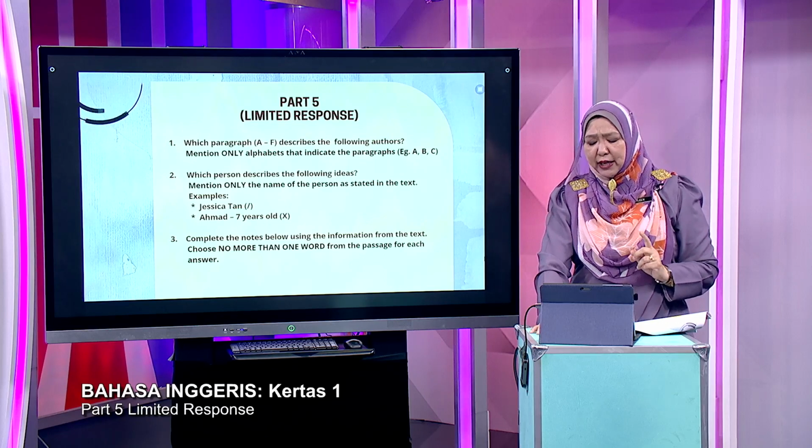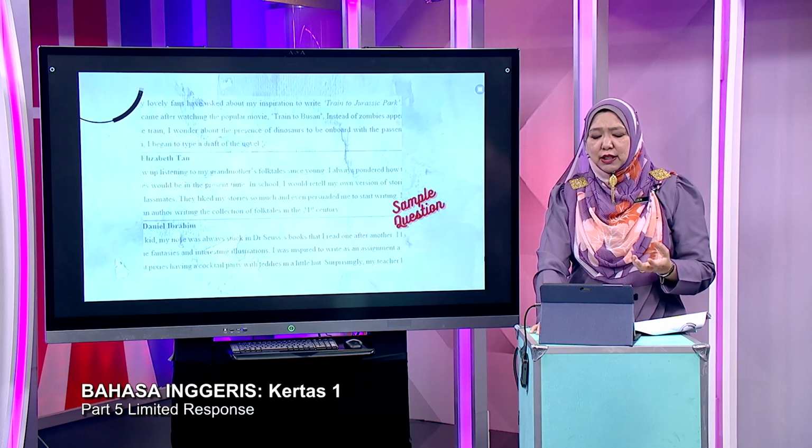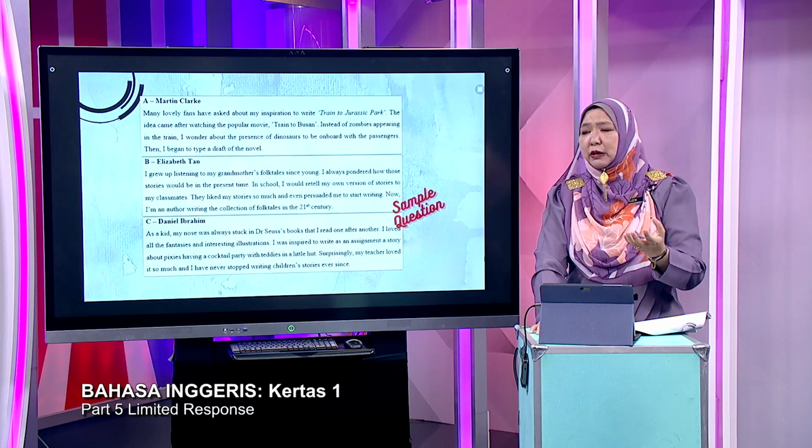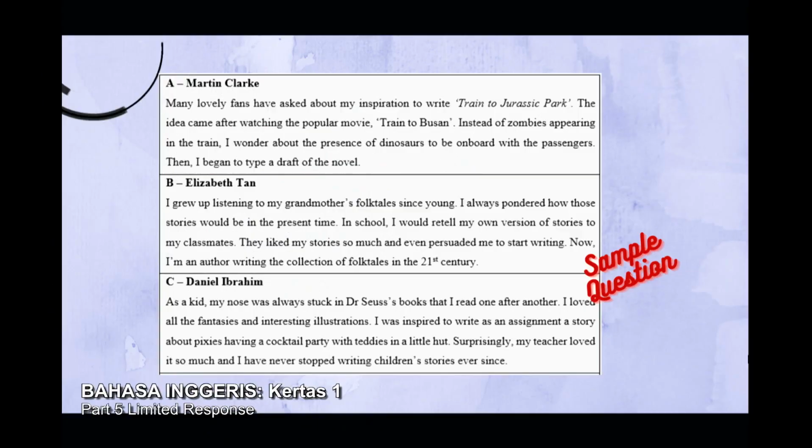Okay, so here I'm going to give you the sample. This is the format that they are going to give. Like what I said just now, we have the alphabet and we have the names. For example, A, we have Martin Clark.